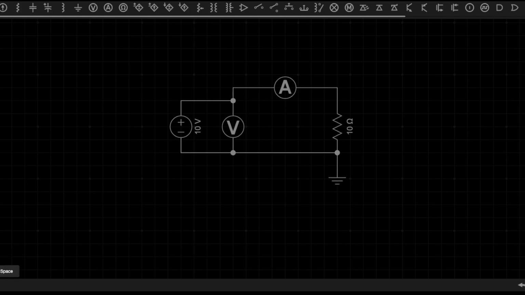Now let me start the simulation. As you can see, the voltage source is rated for 10 volts and across its terminal we are also getting 10 volts. And the current flowing in the circuit currently is 1 ampere when the load is 10 ohms.